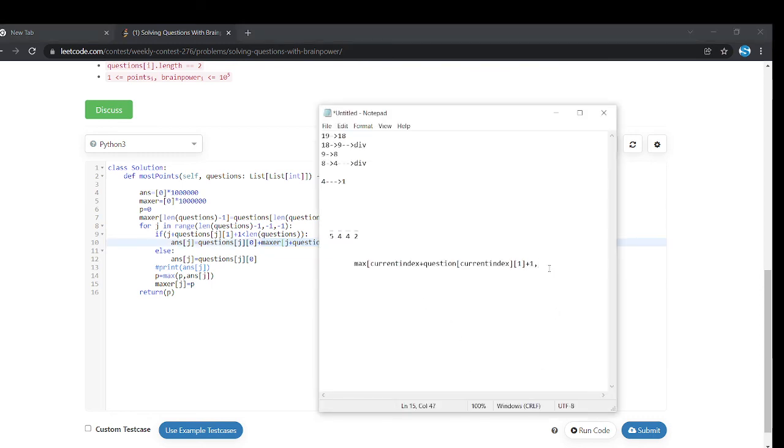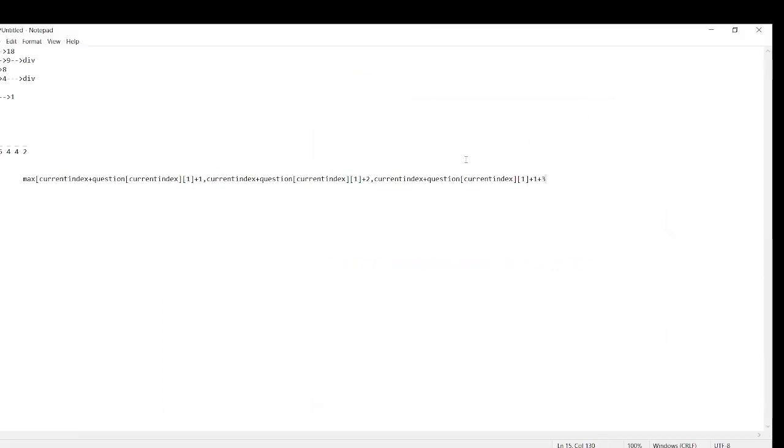It would be max of current index plus 1 comma current index plus 2 comma current index plus 3 and so on, right?